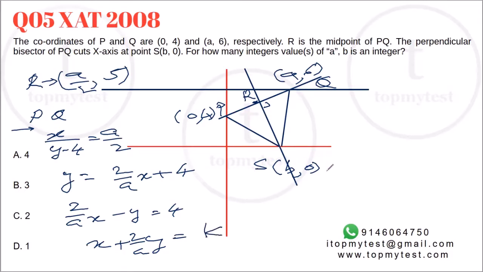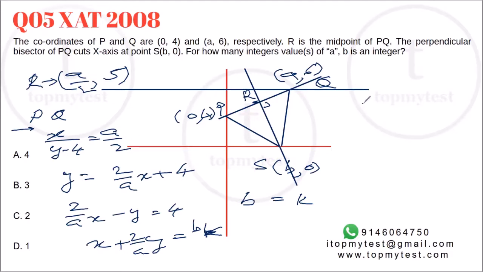Now we know (b, 0) satisfies this relation. So let's substitute (b, 0). If you put y equals 0, this part becomes 0. b should be equal to k. So the equation of this line would be x plus (2/a)y equals b. Now the midpoint R lies on this line, so let's substitute this as well.